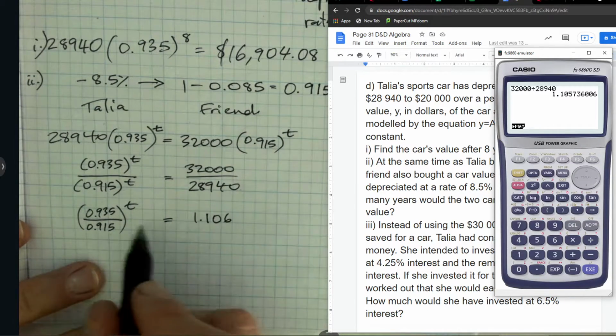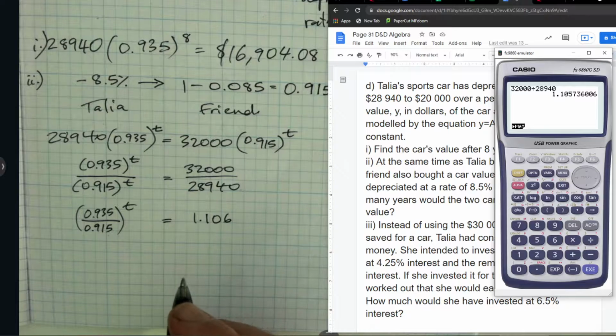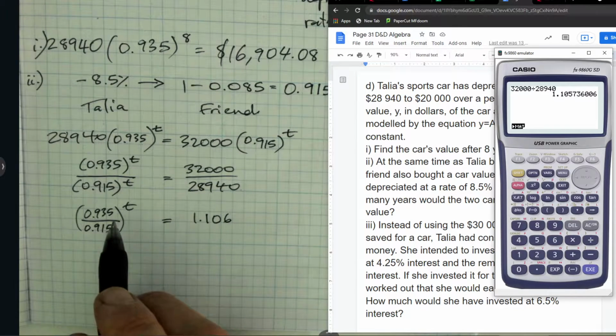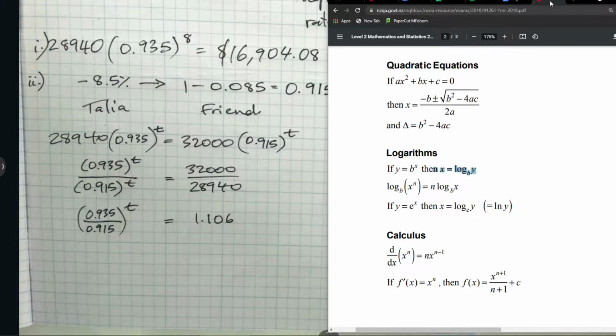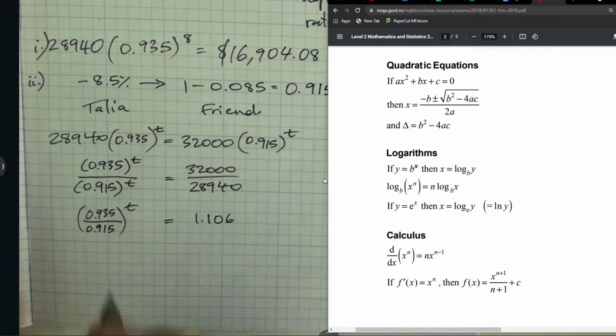Okay, so now I think we can finally actually use that log law that I was looking at, right? So it's y equals b to the power of x. Whenever the power or the exponent is the unknown, that's when it becomes useful to use this log law to solve it.